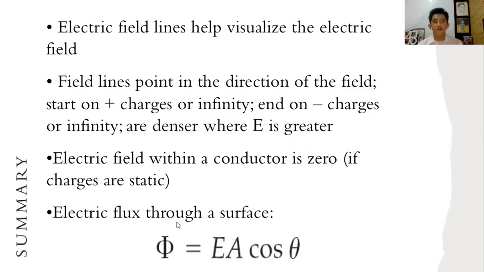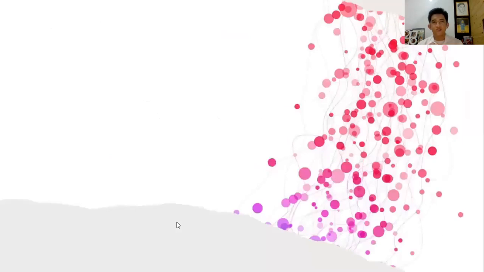An electric field within a conductor is zero if the charges are static. And lastly, electric flux through a surface can be calculated as phi equals EA cosine theta. That's our discussion for this moment.